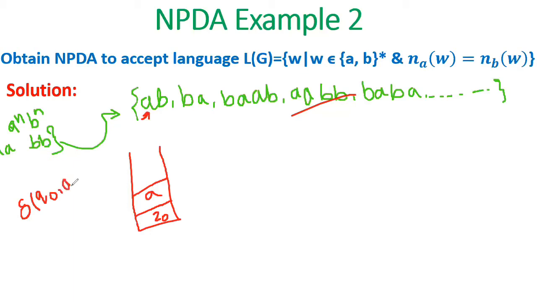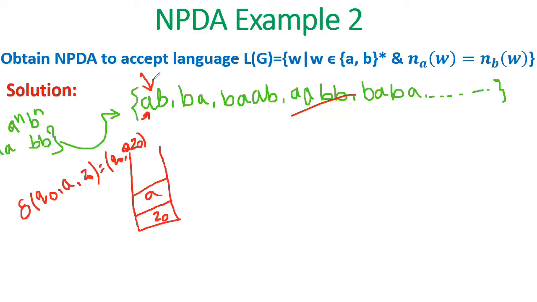The current symbol is A, and the top of the stack is Z0. What you need to do? You have to push it onto the stack. That means Q0, comma A Z0. So you have to add that element onto the stack here. So this is the push operation if you get A as the first symbol.